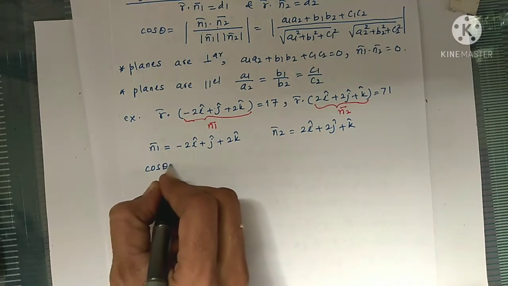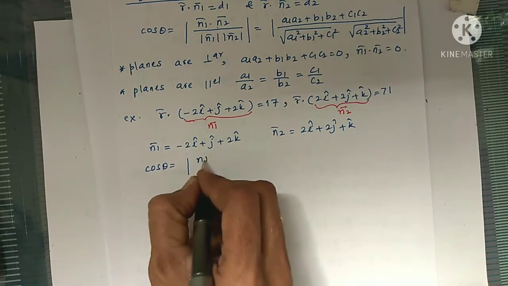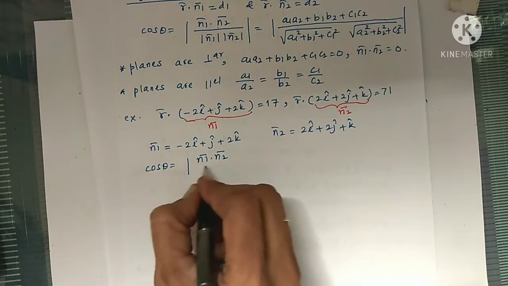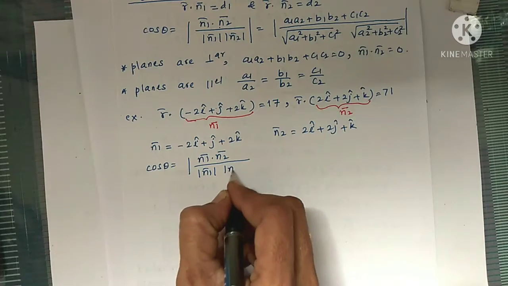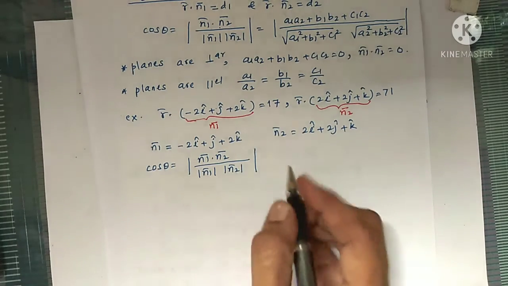Now the formula is cos theta equals modulus of n1 bar dot n2 bar divided by modulus of n1 bar times modulus of n2 bar.